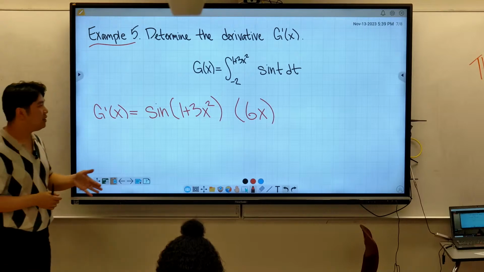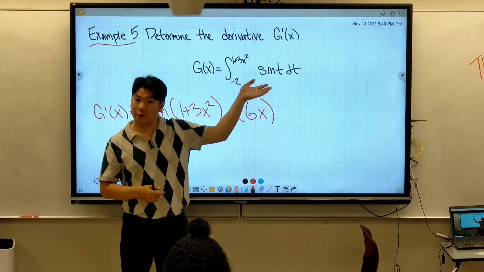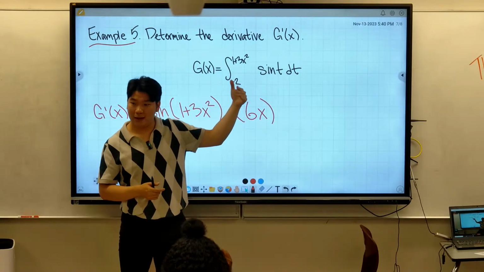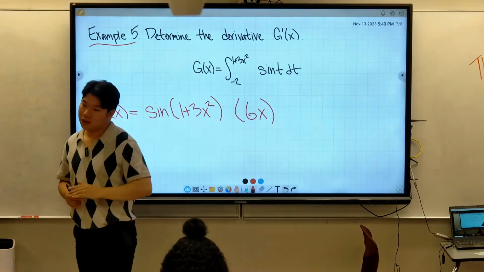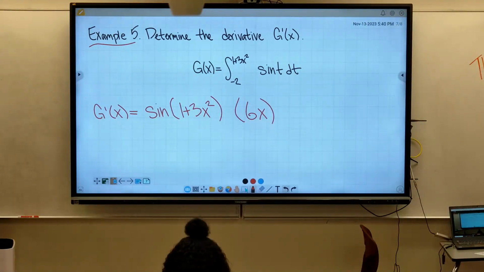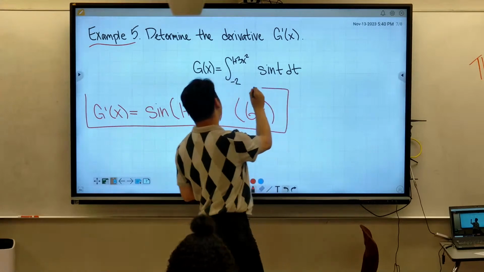And again, if you want to, you know how to get the antiderivative of sine. We know that the antiderivative of sine is negative cosine. And I could have done all this work and eventually ended up here. But the fundamental theorem of calculus is almost like giving us a little bit of a shortcut here. So this is our final answer for this question.